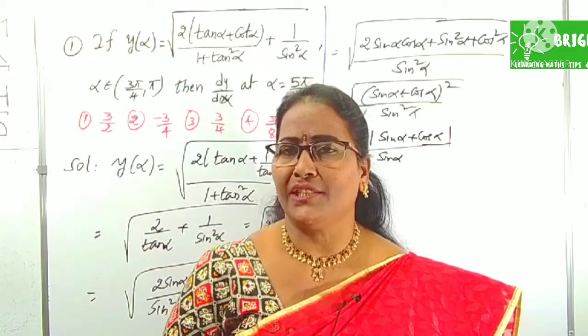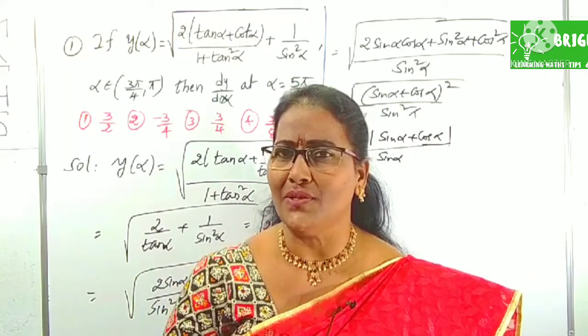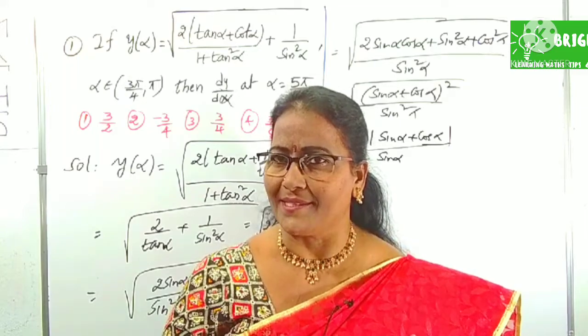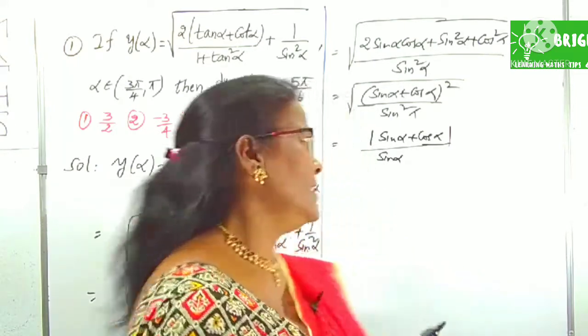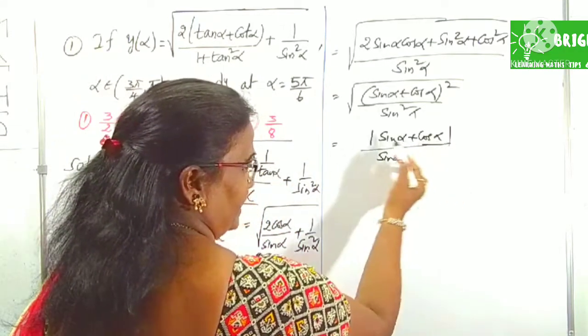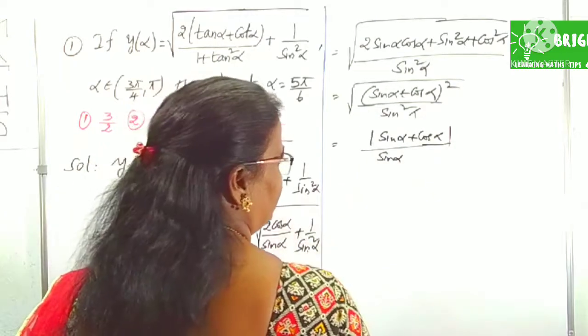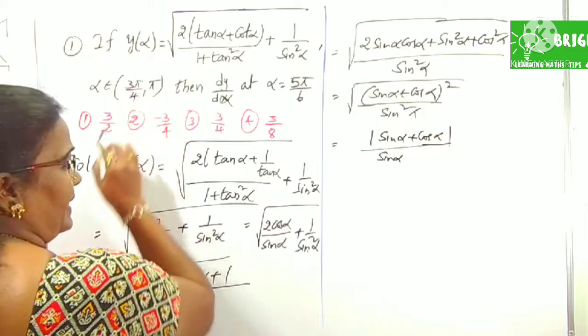Root over some x square, what do you have to take? Root over x square is plus or minus x. We can also take it as mod x. In case of objective questions, every point is important, right? So mod sin alpha plus cos alpha, either plus or minus, depends upon the alpha range. What is alpha? 3 pi by 4 to pi.